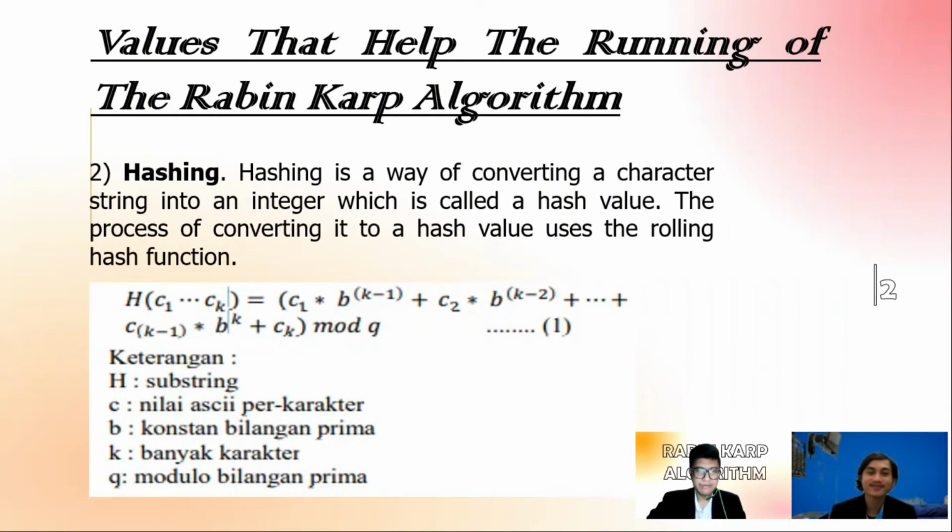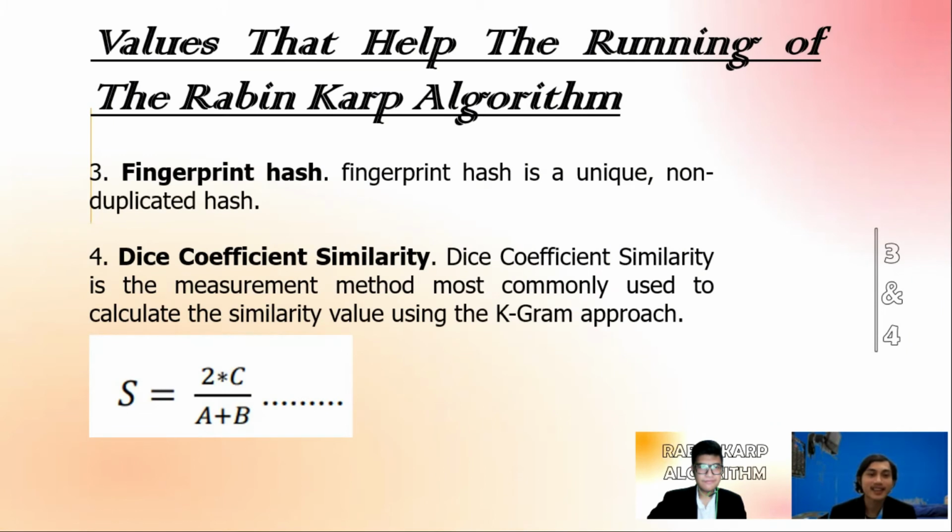Second, we have hashing. Hashing is a way of converting a character string into an integer, which is called a hash value. The process of converting it to a hash value uses the rolling hash function. And this is the example of the hashing formula. Third, fingerprint hash.